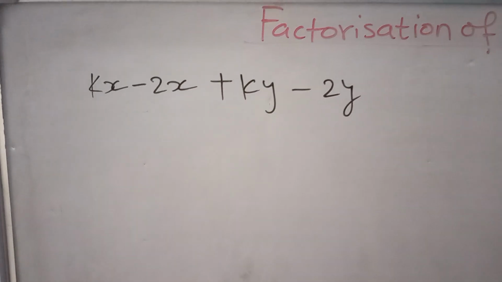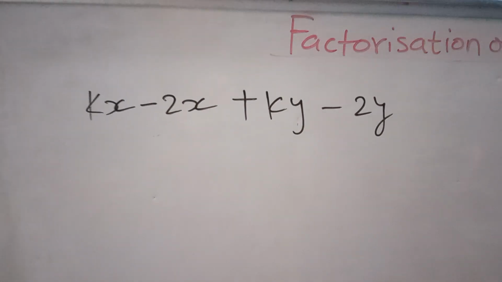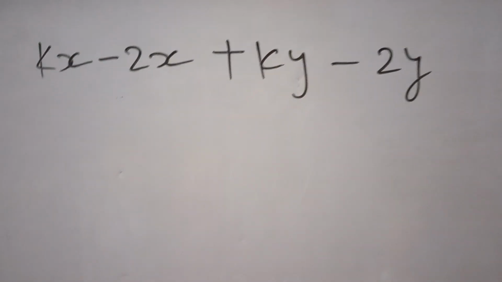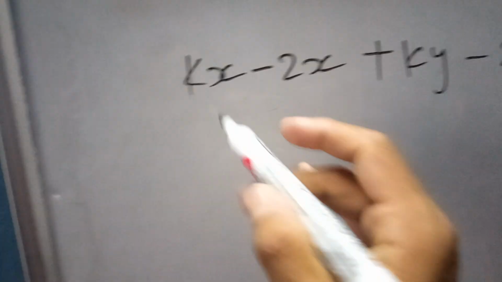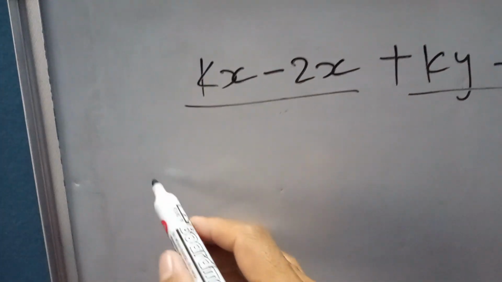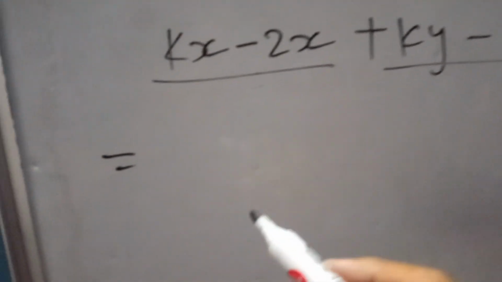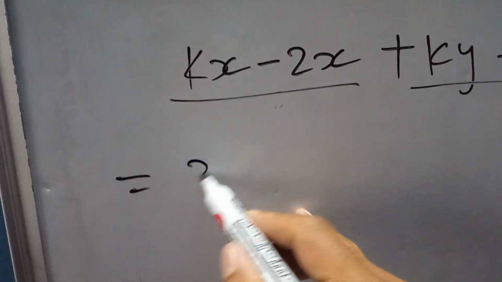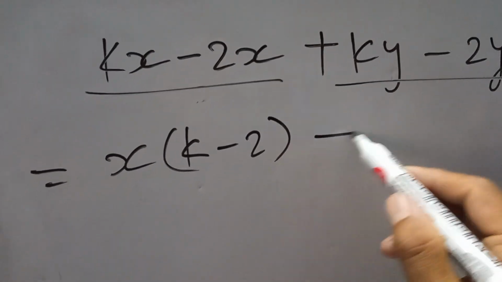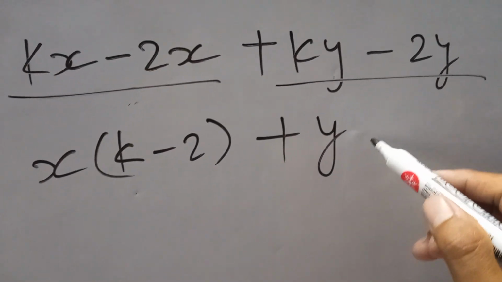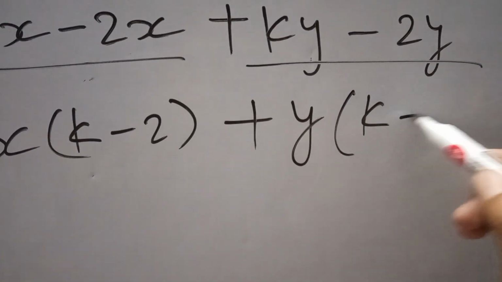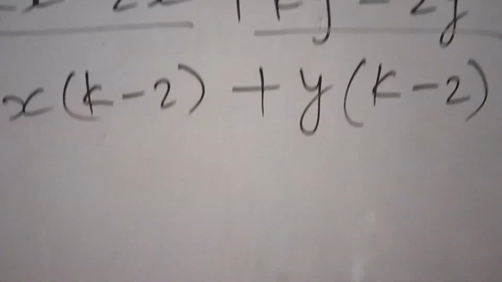Now we have the second question. Here you get 4 terms, kx minus 2x plus ky minus 2y. Let me take out the common from this first pair and the second pair, and see whether it is possible or not. If I take out x as common, I get k minus 2, plus here I take out y as common, and we are left with k minus 2, right?